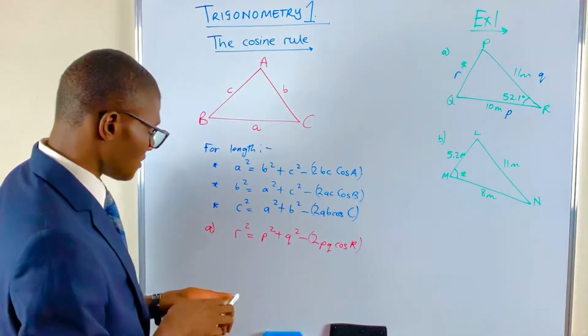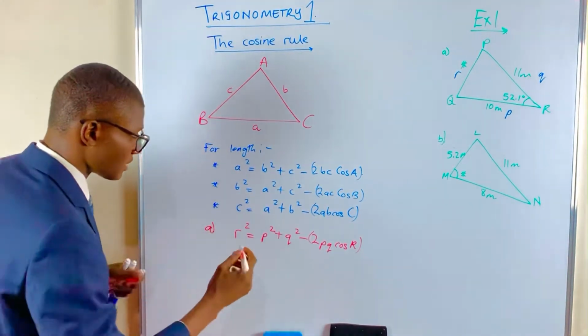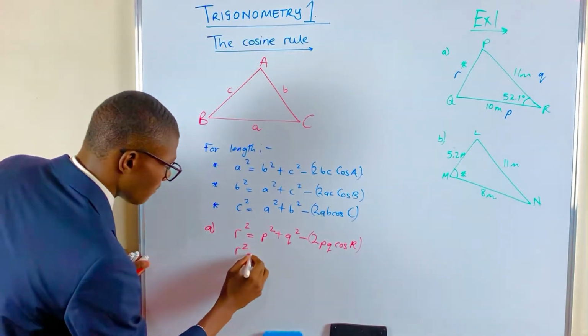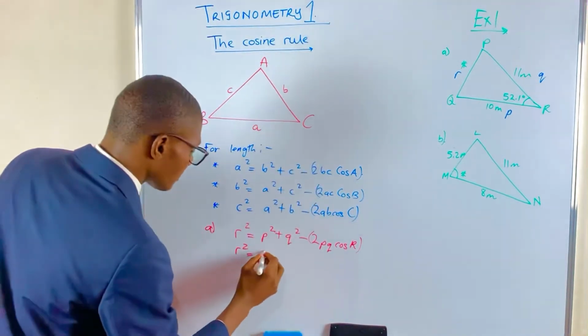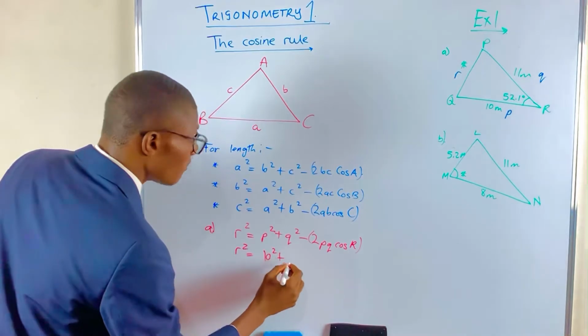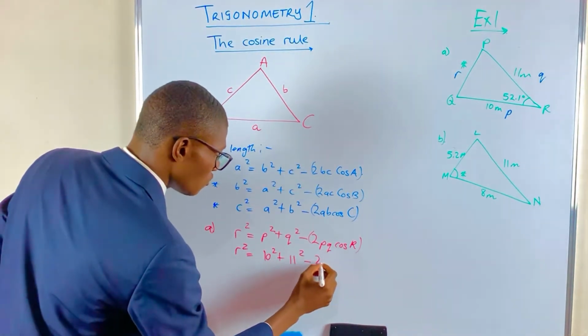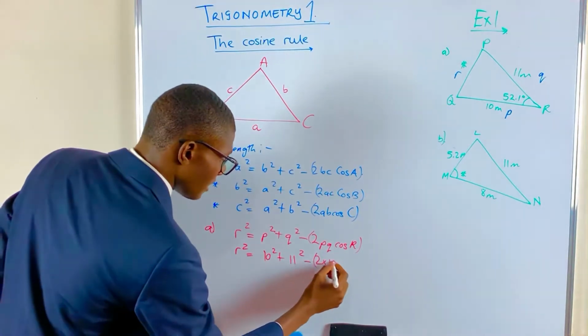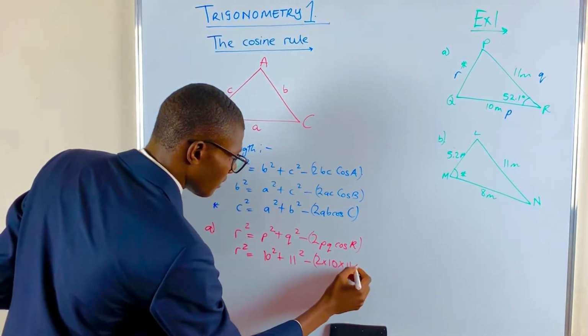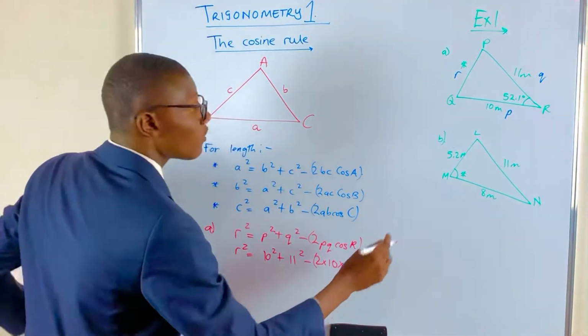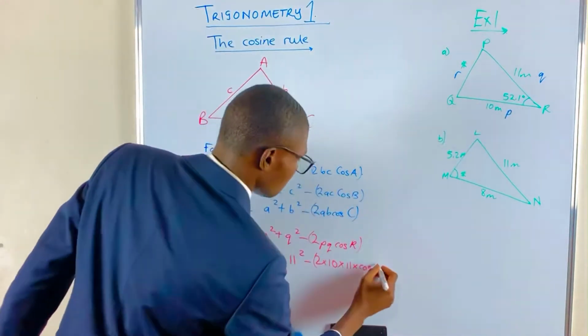Now we substitute, such that r squared is equal to p squared, that's 10 squared, plus q squared, which is 11 squared, minus 2 times 10 times 11 times cos of the angle R, which is 52.1.